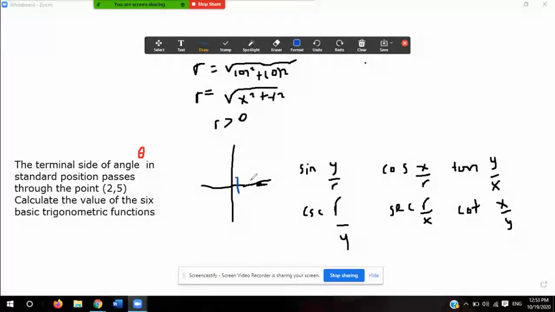One, 2, and y is going to be 5. So 1, 2, 3, 4, and 5.